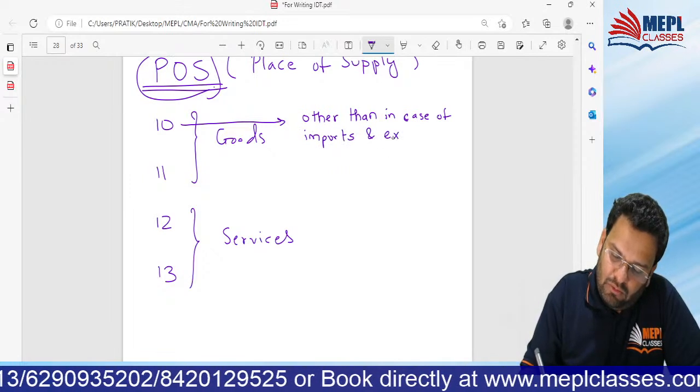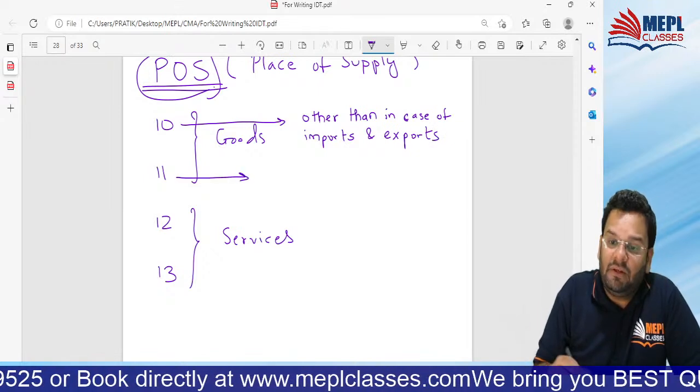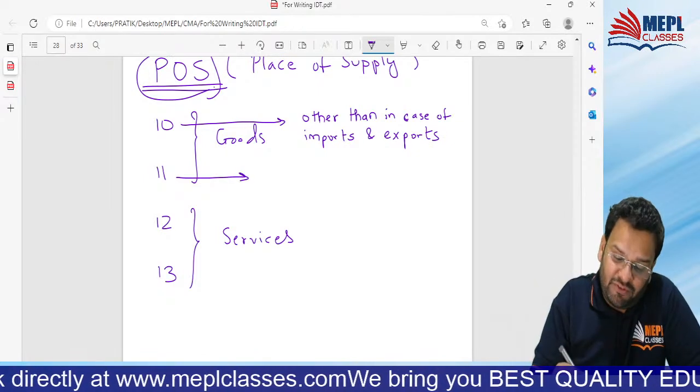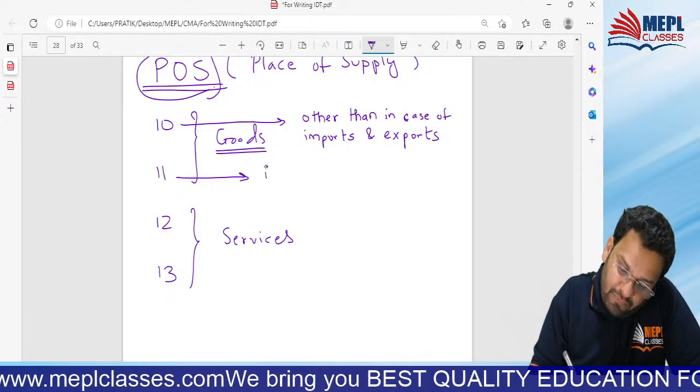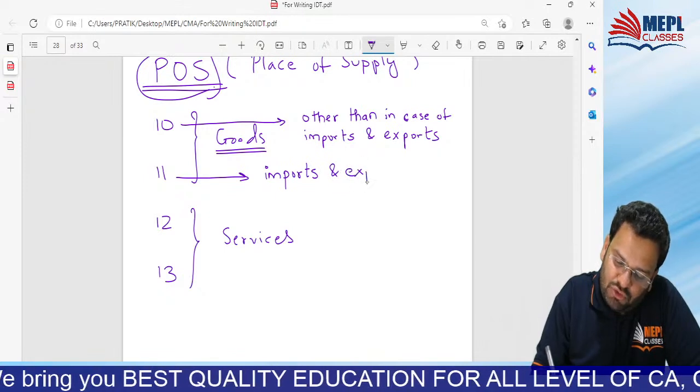So no need to guess what will be 11. 11 will be, yes, place of supply of goods in case of imports and exports.